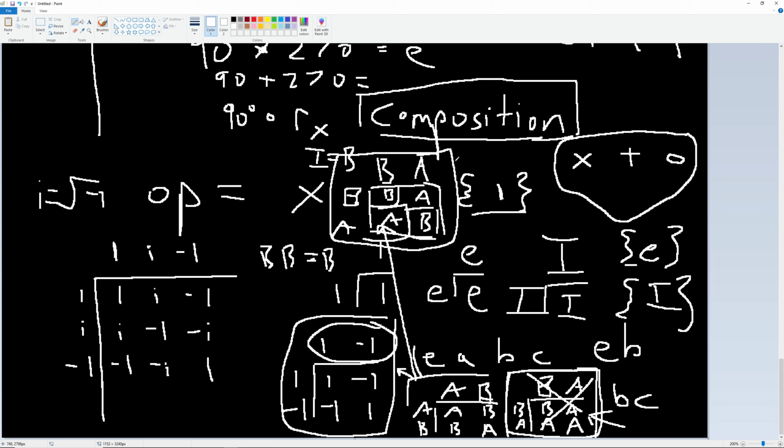I'm calling it a multiplication table, but I shouldn't even use the word multiplication. It's a composition diagram. We call it a Cayley diagram. But the operation here is just composition. I can get really general. These are just labels. These are elements. My set here is A, B. That's it. My operation is composition.